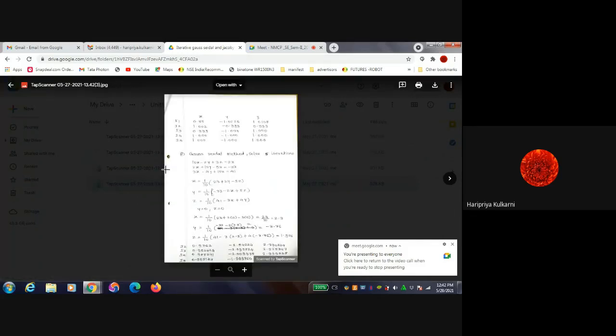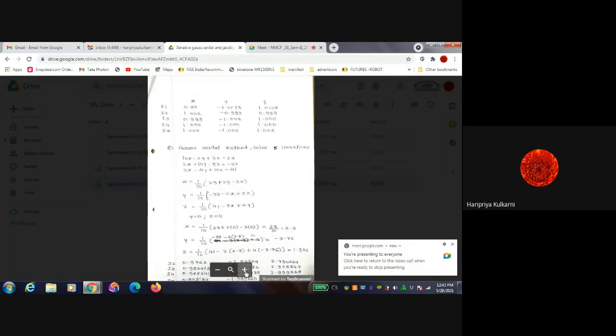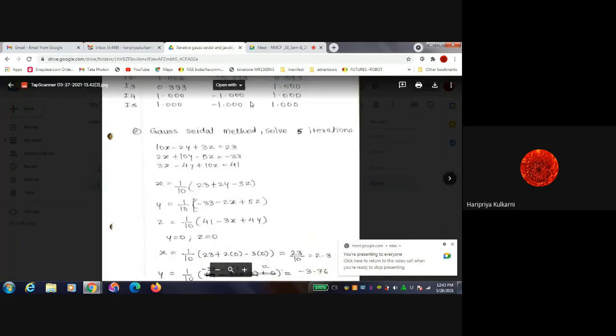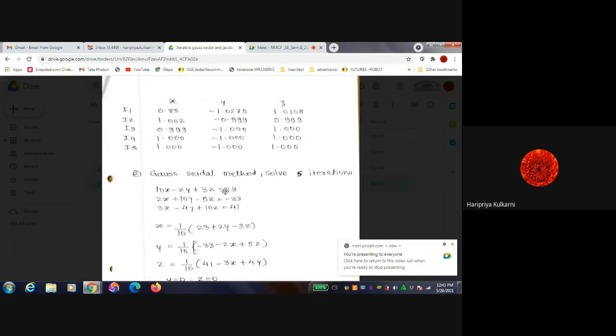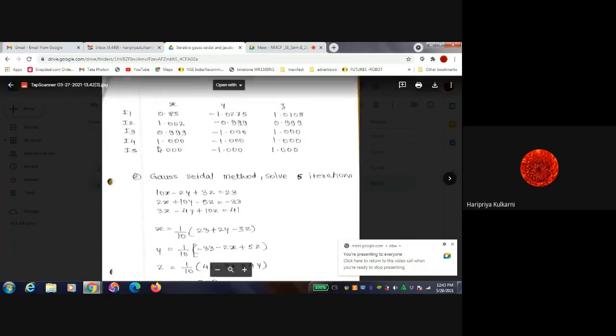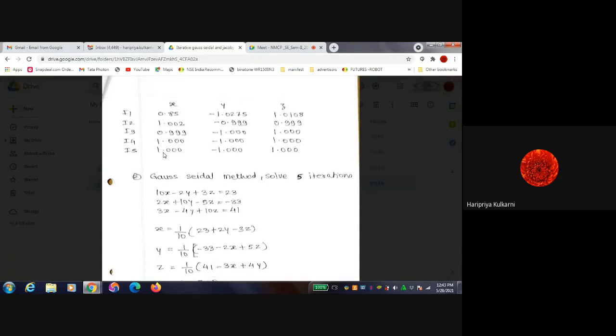I have solved iterations 1, 2, 3, 4, 5 in the same manner, and you will get the answer. I hope you have understood the solution.